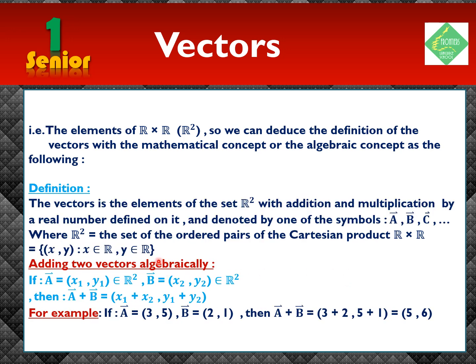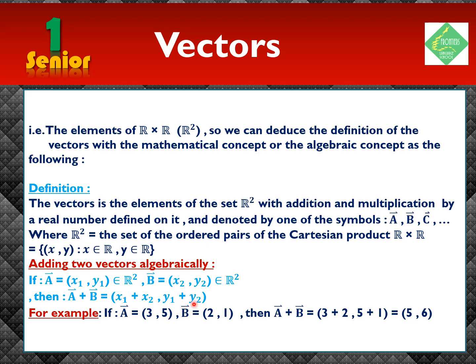To add any vectors algebraically, you have to know that if the vector A equals x1, y1 and B equals x2, y2, and you are asking about vector A plus vector B, you will add the x coordinates together, x1 plus x2, and you will add the y coordinates, y1 plus y2.